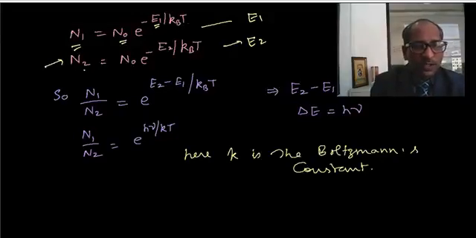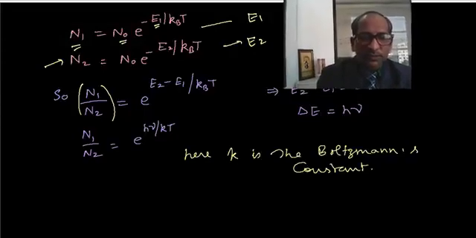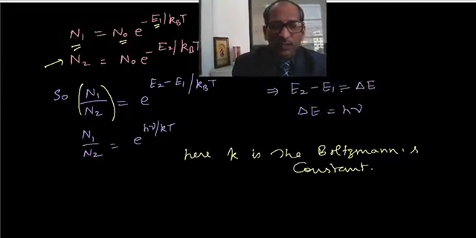Similarly, we can write for N2, the number of atoms in the excited state. So by using it, one can find the ratio between N1 and N2, that is e raised to the power E2 minus E1 upon K B T, where E2 minus E1 is equal to delta E.